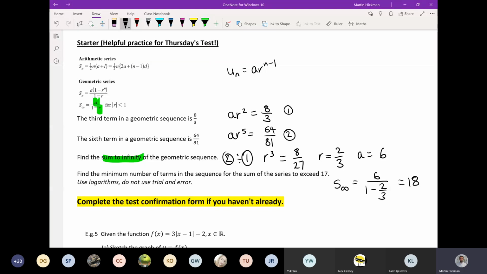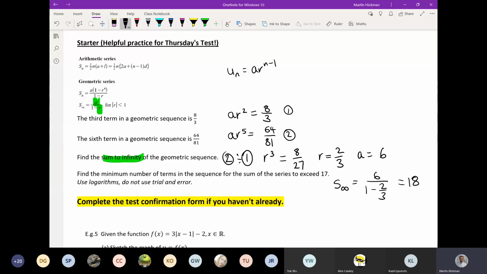Common difference is for an arithmetic sequence. For a geometric sequence, you have a common ratio, what you multiply by to get to the next term. So our first term is 6 and the common ratio is 2/3. You can check it: 6 times 2/3 to the power of 2 is 8/3, which is your third term.